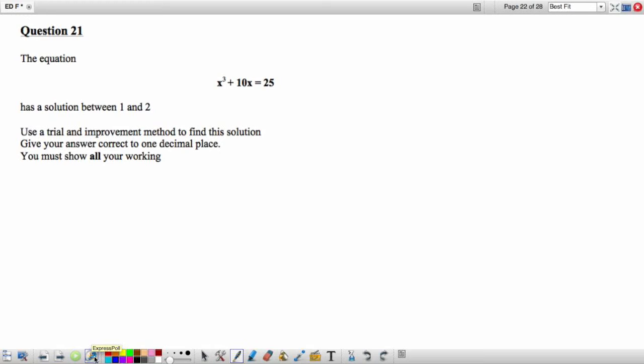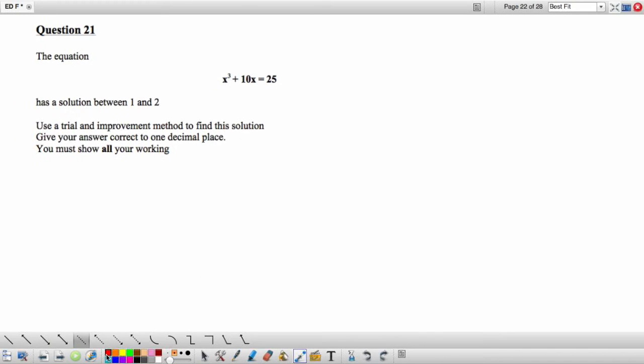Question 21. The equation shown here has a solution between 1 and 2. We need to use a trial and improvement method to find this solution. Give your answer correct to 1 decimal place. In order to show your working out, the best part here is to do a small table.